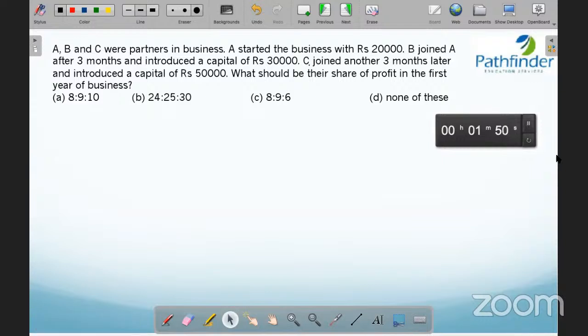If you've just tuned in, this is a question which I've given to solve. And you have roughly 1 minute and 45 seconds to solve it now. At the end of which, if you are not able to solve it, I will help you solve it.